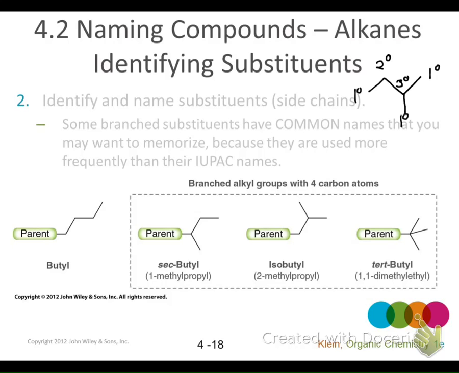So in the sec terminology, these are both secondary carbons. If the side chain is attached to a secondary carbon, it's often called sec and then butyl, for example. Now, you notice if you're attached here or here, it's the same. They're both secondary. Okay? You can't do this with a pentane.